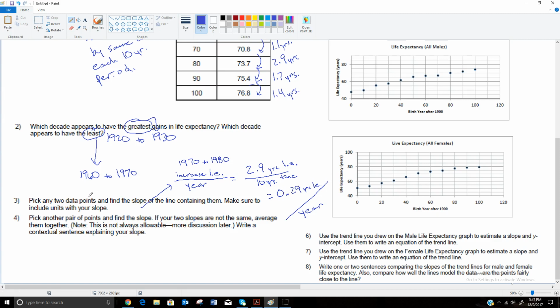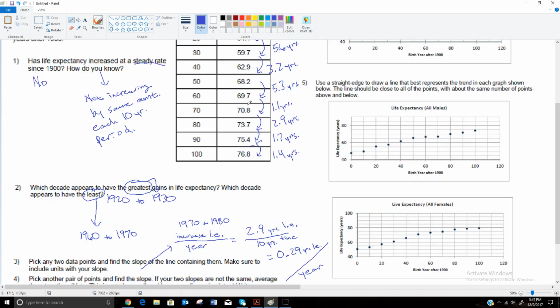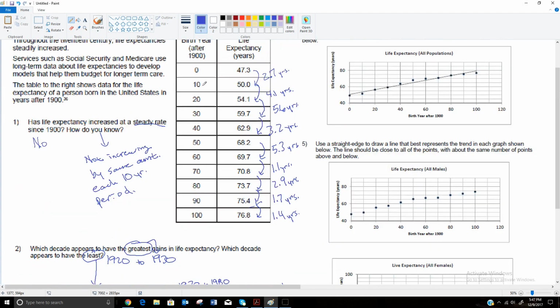Now it says any 2 data points, so I don't have to do 2 consecutive. I could do from 70 to 100, or let's go back and do some that are back here. So let's say 1910 to 1930.